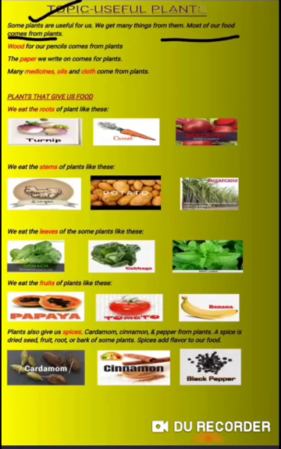For example, we get wood for a pencil. This comes from plants. The paper also comes from plants, and many medicines, oils and clothes also come from plants.